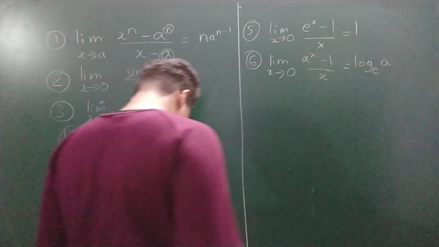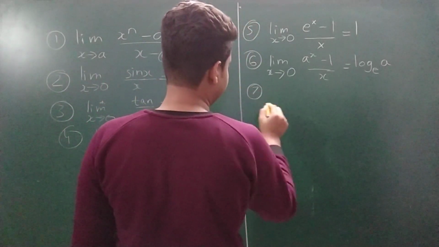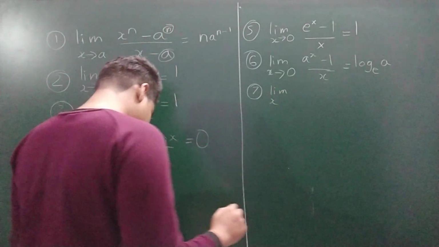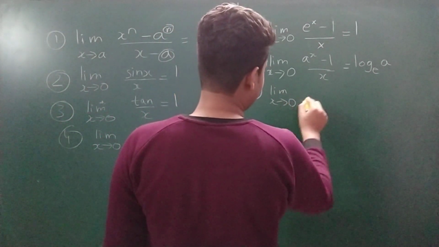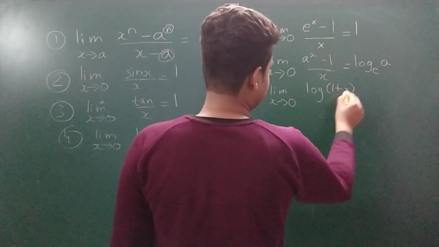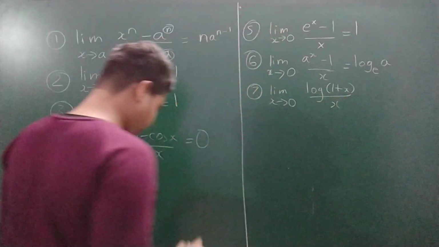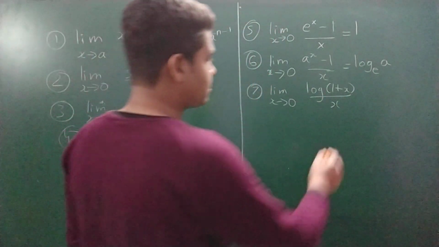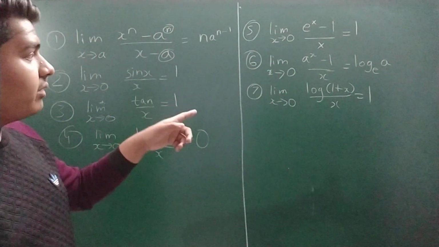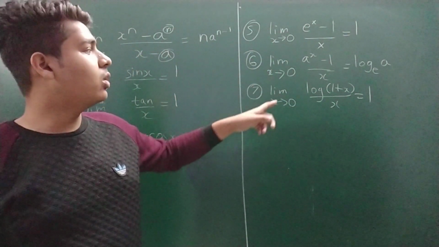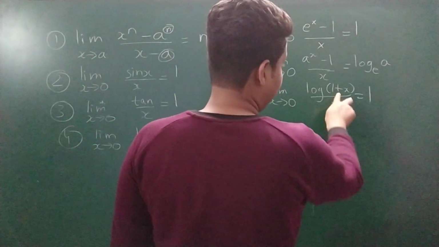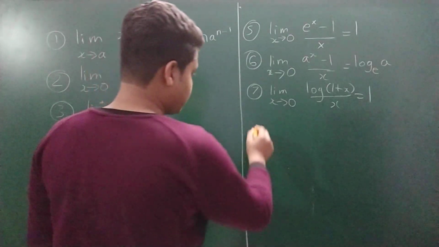Then comes the seventh formula, limit x tends to 0 of log(1 plus x) by x. For this, the value is 1. This is the value when x tends to 0 and log is taken outside, and we have 1 plus x inside the parenthesis.